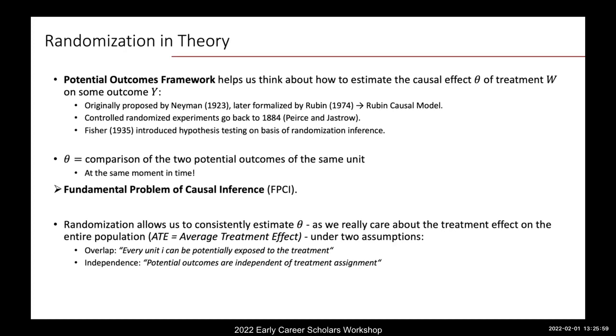The first one is called overlap, which means every unit i in our sample can be potentially exposed to the treatment, okay? And we need independence. So that means that our potential outcome Y is going to be independent of treatment assignment, okay? So once again, everybody has to be potentially exposed to the treatment, and the potential outcomes have to be independent of, or orthogonal to, treatment assignment.